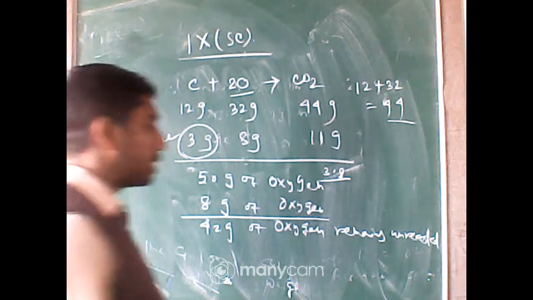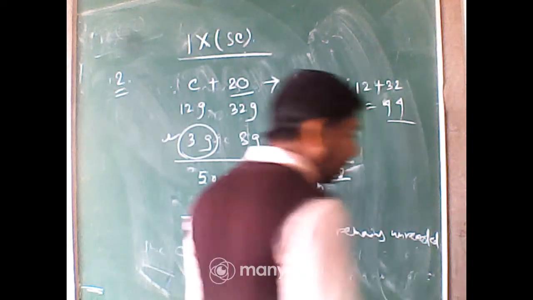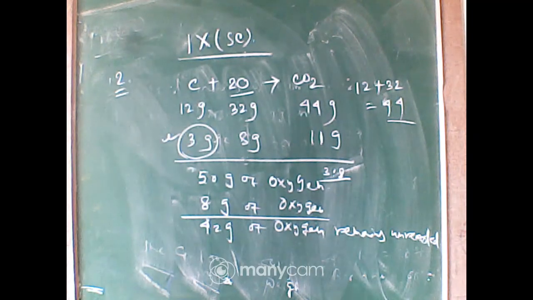Okay, so let us move to question number 3. What is given in question number 3? What are polyatomic ions? Give example.